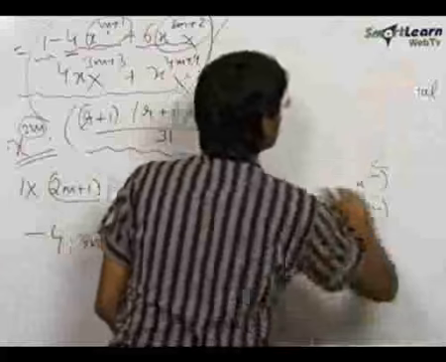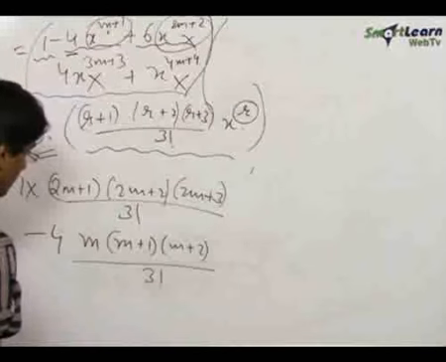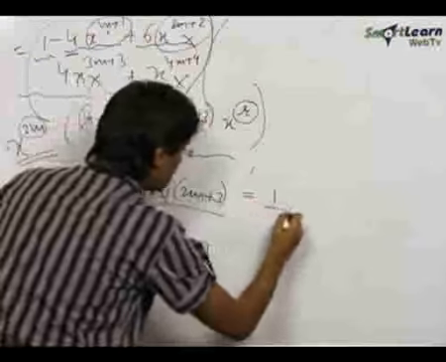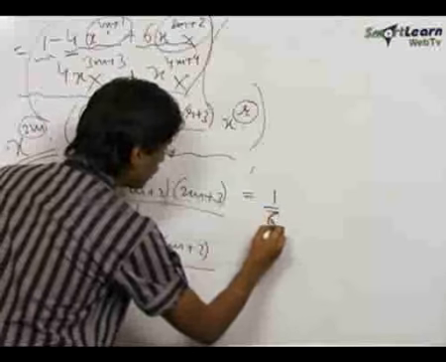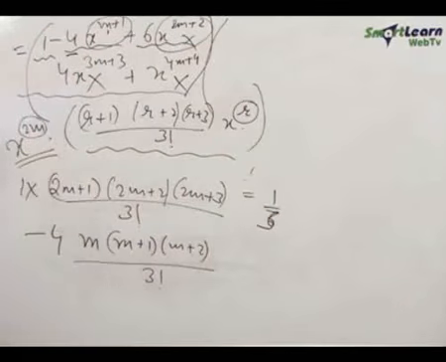We can simplify this thing. This is 6, so we can take a 6 common. We can also take a 2 common. So this becomes 2 into 1 by 6, which is 1 by 3.